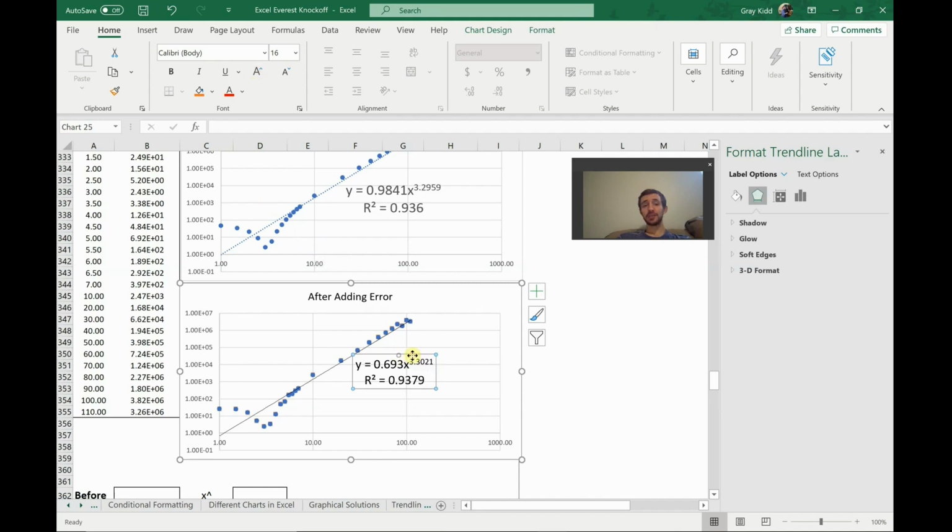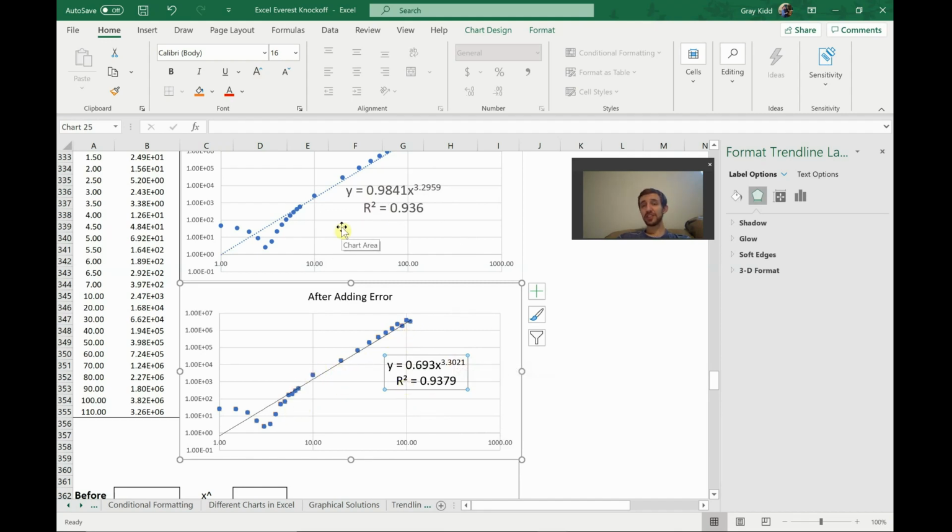And if we look at its form, it's also extremely similar. The constant out front did change slightly, but not nearly at the same magnitude that it did for our previous polynomial example. And the power of x is almost exactly the same. So this relationship is almost the same slope if looking at log scale.